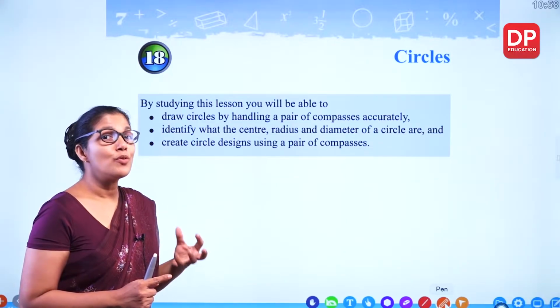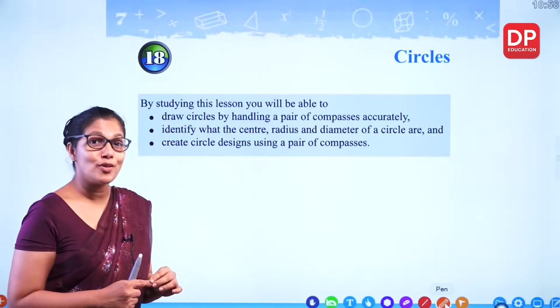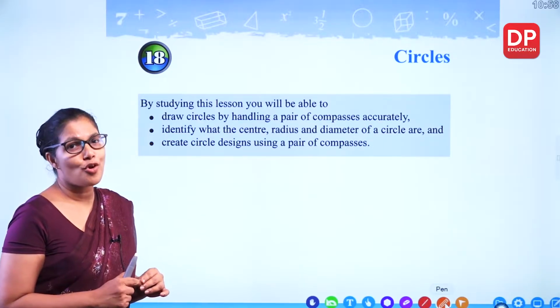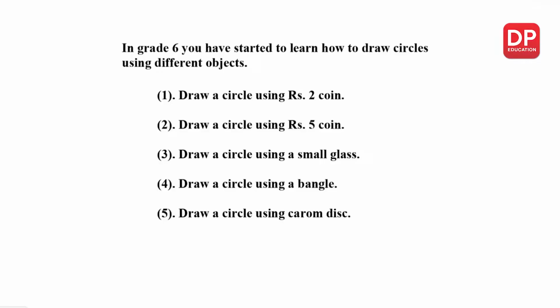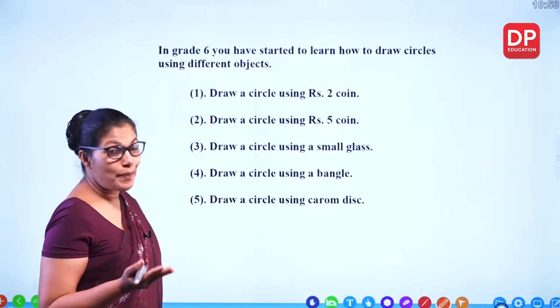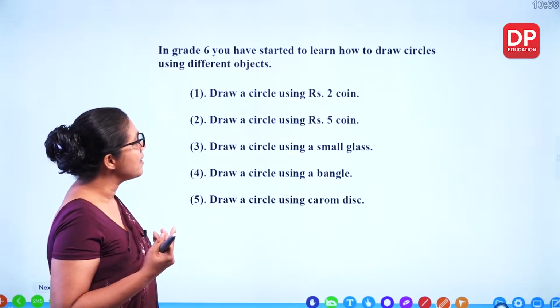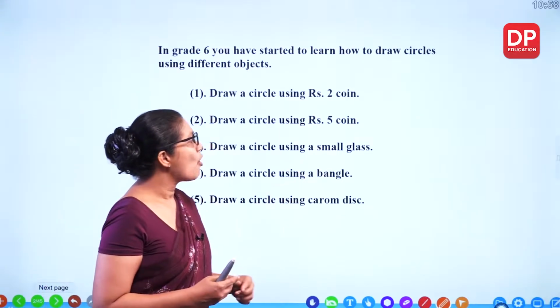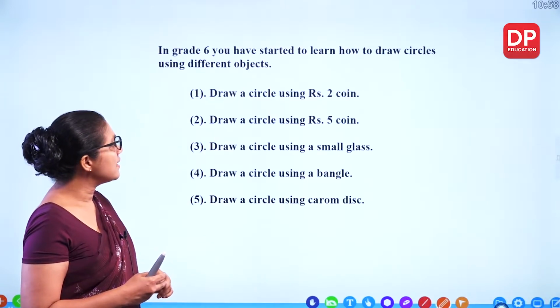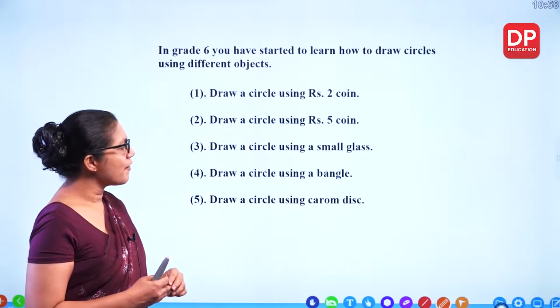Grade 6 we used several objects to draw circles. Now we are using a compass to draw circles. In grade 6 you started to learn how to draw circles using different objects. So we used 2 rupee coins, 5 rupee coins, and then you can use a small glass to draw a circle, and a bangle and a carom disc.